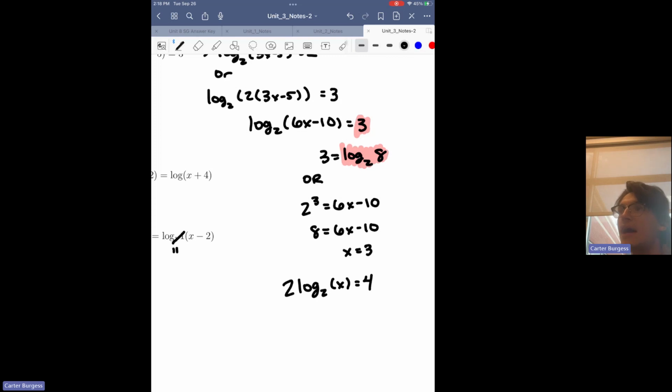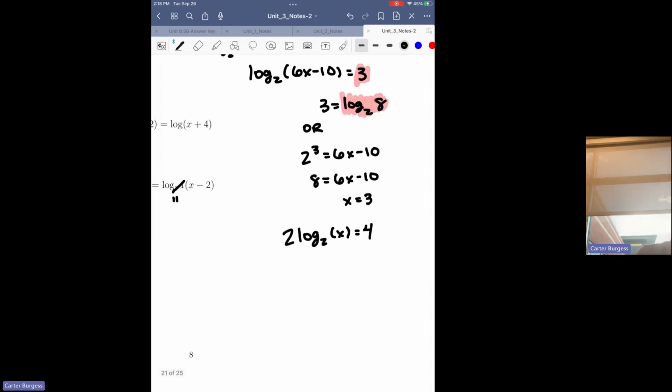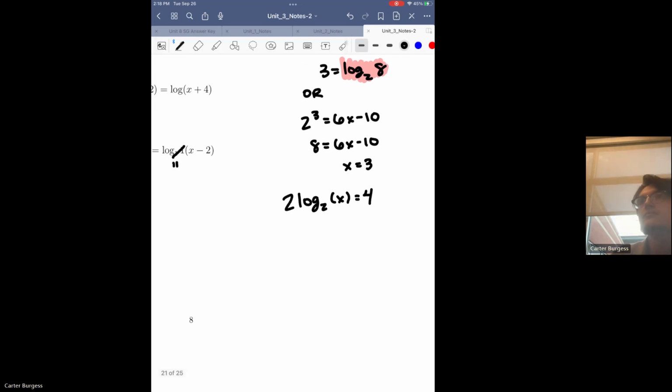How else could I rewrite this kind of expression based on my properties of logarithms? Yeah, this is like log base 2 of x squared. All right. Is equal to 4.